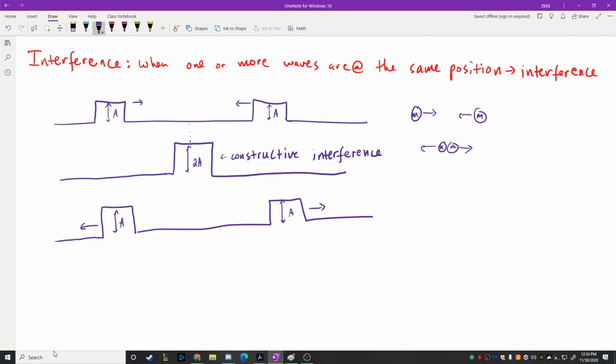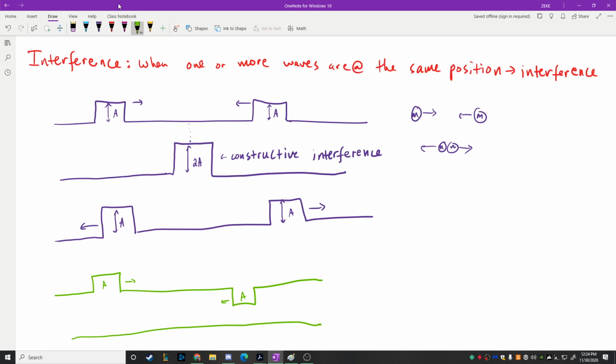Now, what's the opposite example of this? The opposite example, which is called destructive interference, is when I have a wave that's traveling here, and I have another wave that's traveling down, so you'd say a crest and a trough, or a maximum and a minimum. If these two are traveling like this, and again they have the same amplitude A, when they meet each other they totally cancel each other out.